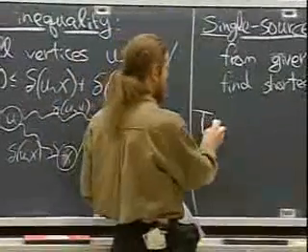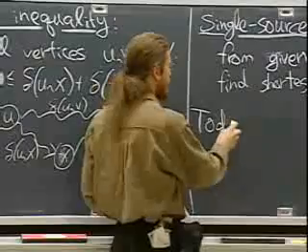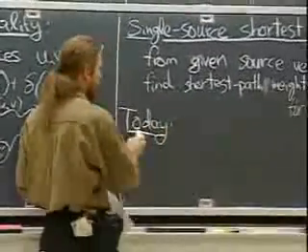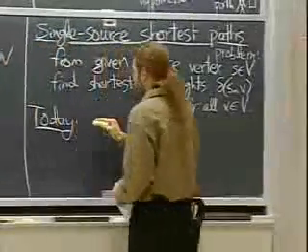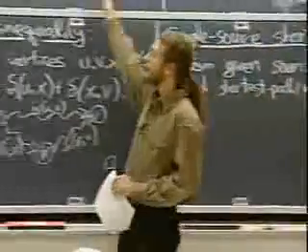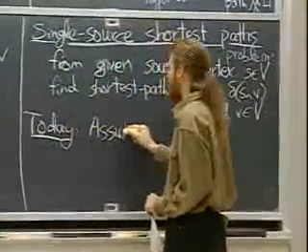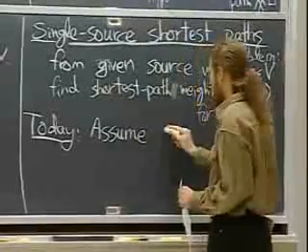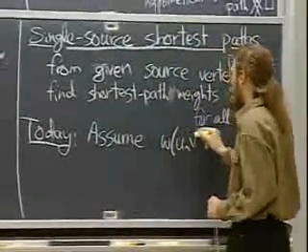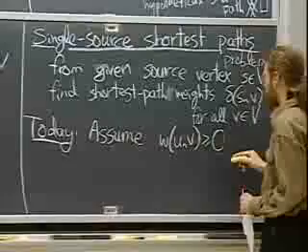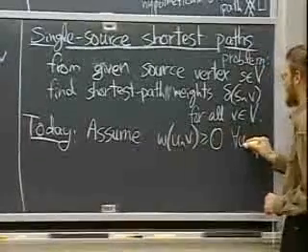Today we're going to look at a further restriction on this problem because this is a bit tricky. We'll solve it next class. But today we're going to get rid of the negative weight cycle issue by forbidding negative weights. So we're going to assume that all of the edge weights are non-negative, for all vertices u and v.